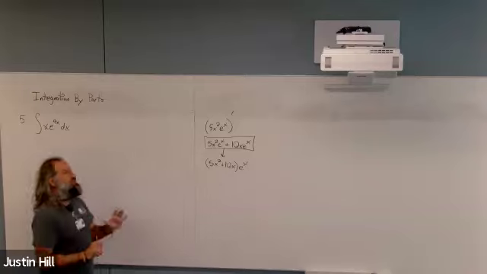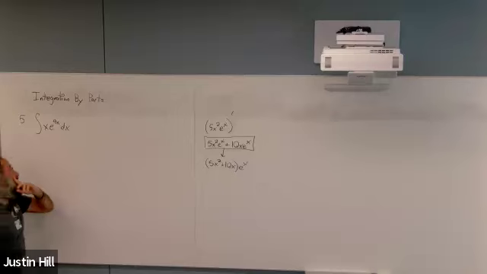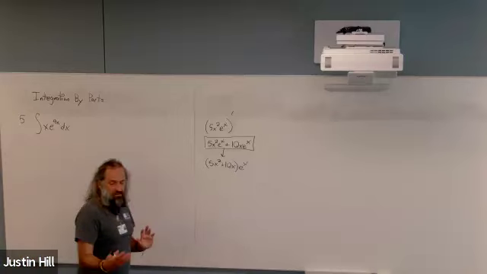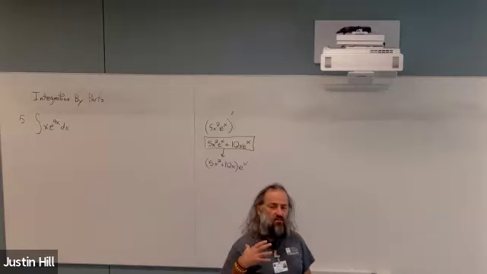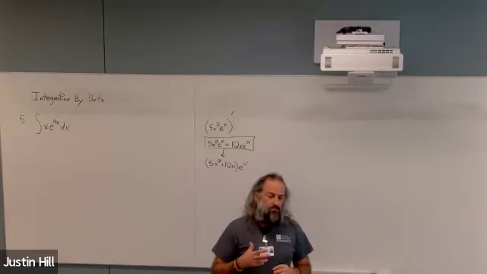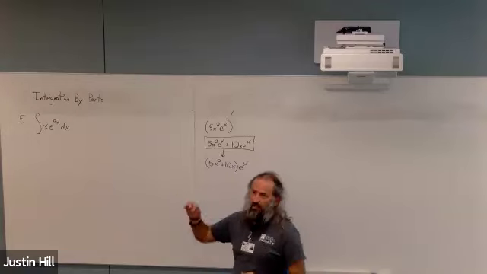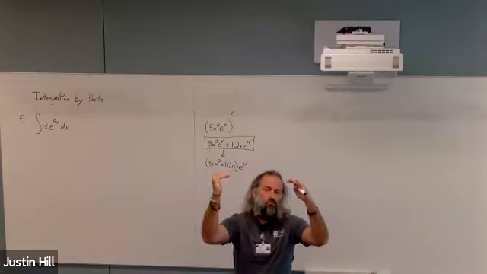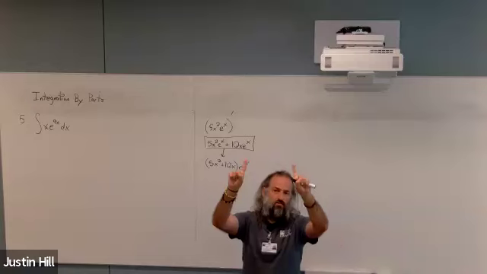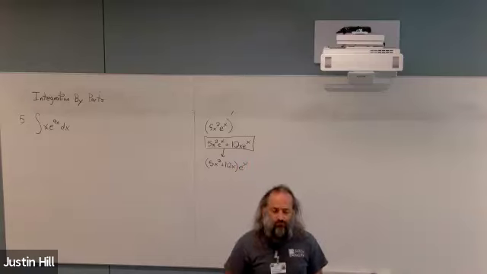But the broader idea is, if I'm trying to integrate something that's one function times another, and like we just saw, substitution is not going to work for us, then there's at least the hint that the thing I'm seeing is the end result of a product rule.